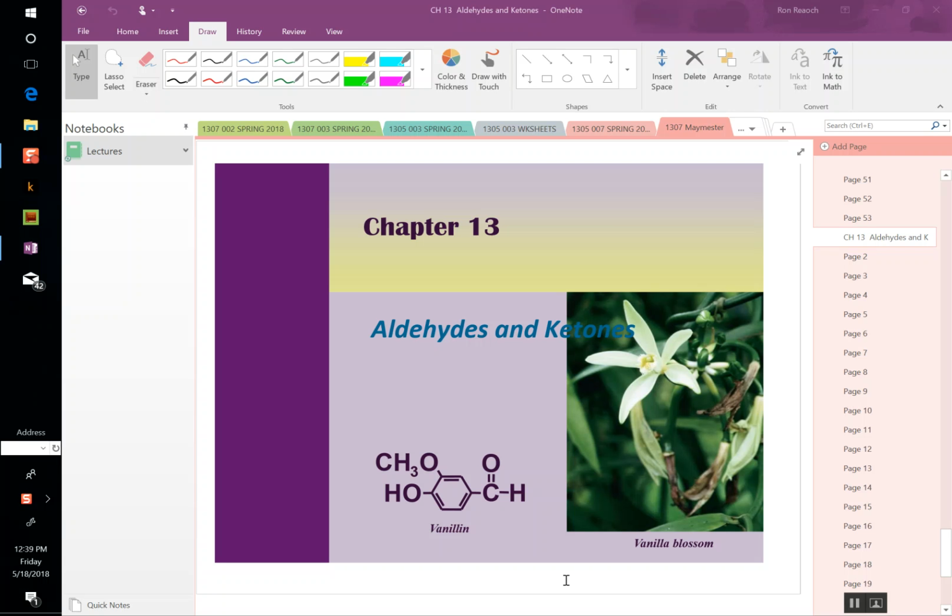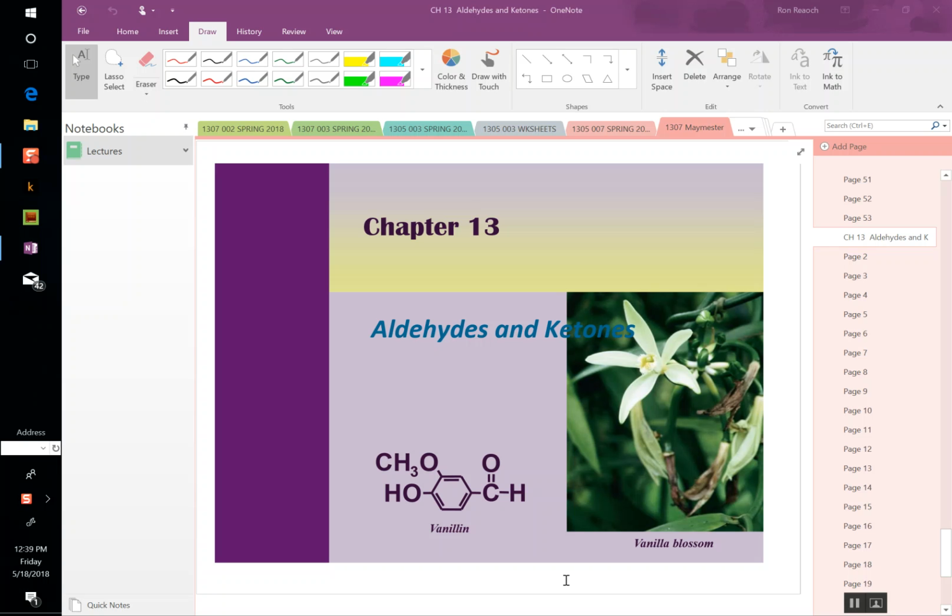Okay, chapter 13, aldehydes and ketones. The common thing here is going to be a carbon-oxygen double bond. There's vanilla. That's a natural product, and we won't dwell on this right now, but you can see this is something the vanilla plant makes, and it doesn't just hold itself to just one functional group.